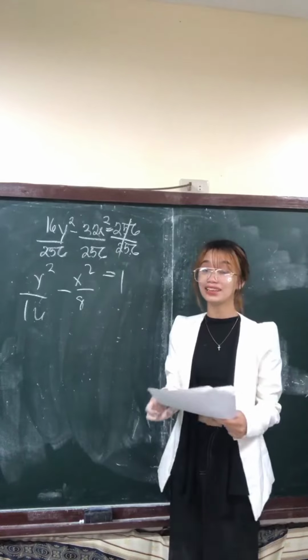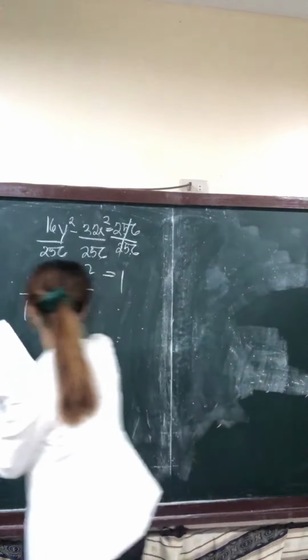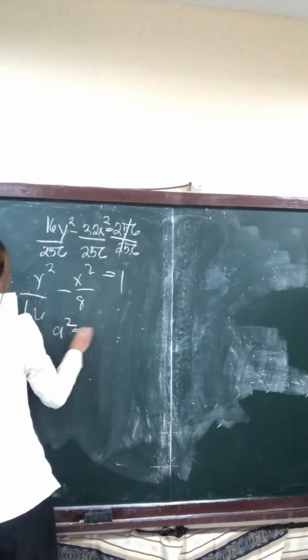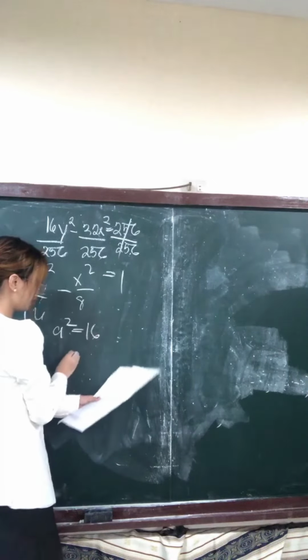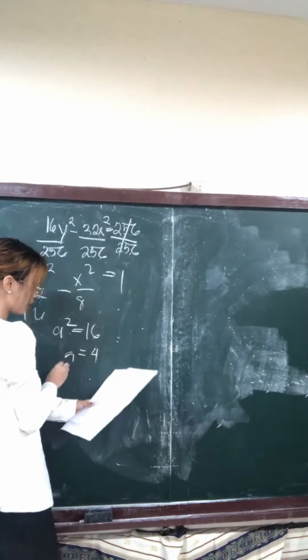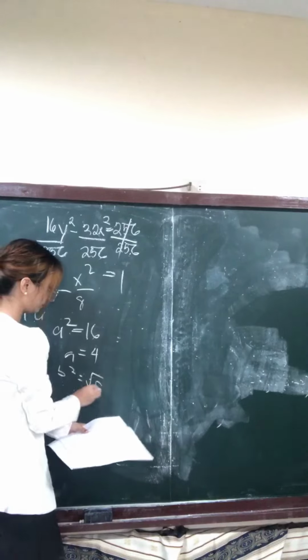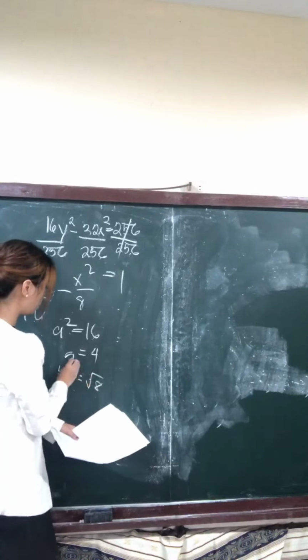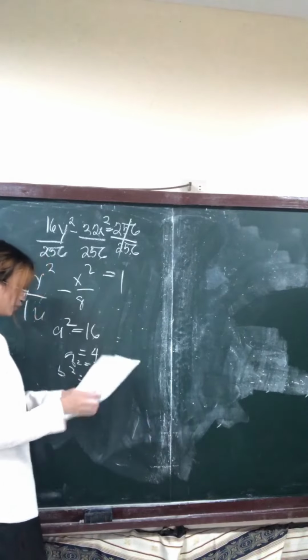Now we can identify the a squared and b squared values for this hyperbola. For a squared, we have 16, so a is the square root of 16, which is 4. For b squared, we have 8, so b is the square root of 8.